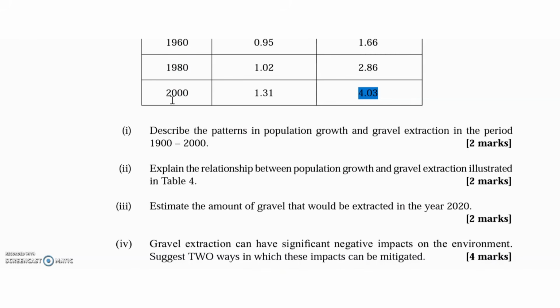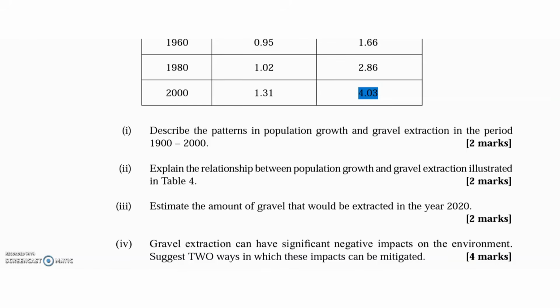So 1.17 plus 4.03 would be 5.2. How do we get 1.17? We take 4.03 minus 2.86 to get 1.17, which is roughly 1.2, but we utilize the same 1.17 value. So when we add it, in the year 2020 it should be 1.17 plus 4.03, which is approximately 5.2. I hope that's clear.